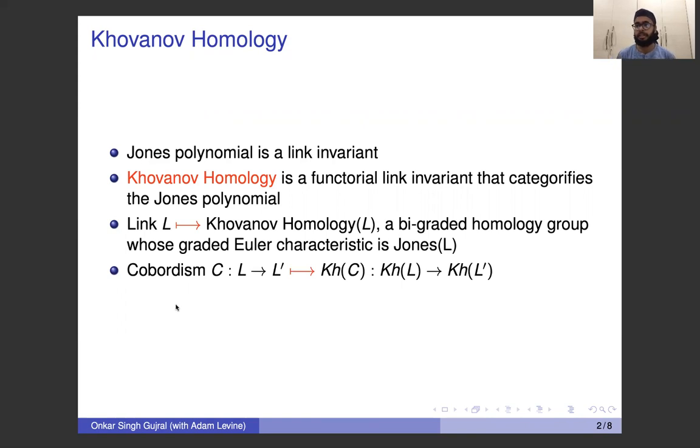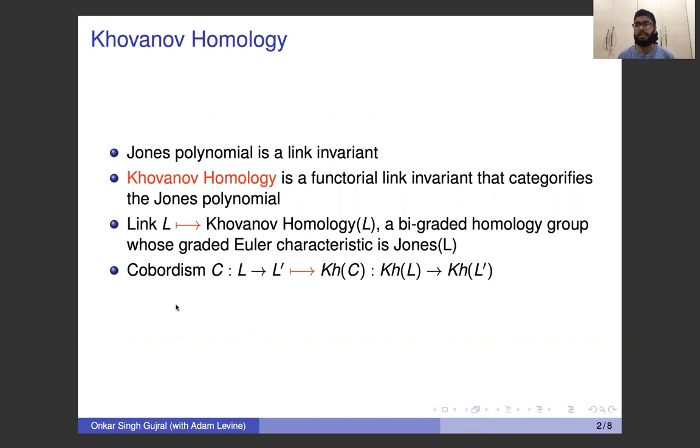In fact, we also know that it holds more information. Okay, what also makes Khovanov homology really interesting is that if you have a cobordism C that goes from a link L on the left to a link L prime on the right, it induces a map between the Khovanov homology groups. That is, you get a map Khovanov of C that goes from the Khovanov homology group of L to the Khovanov homology group of L prime.